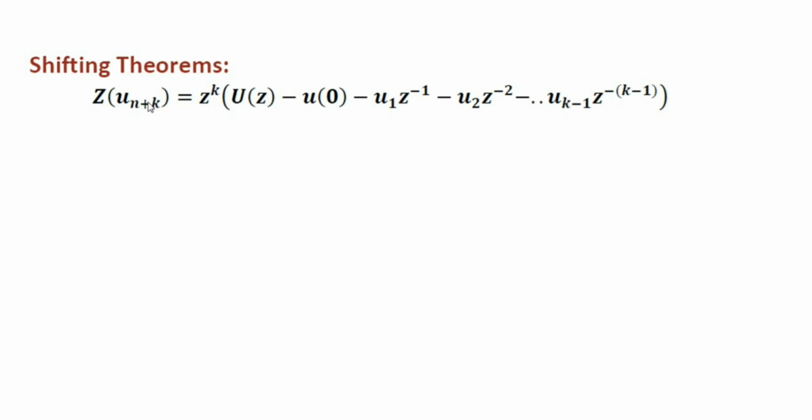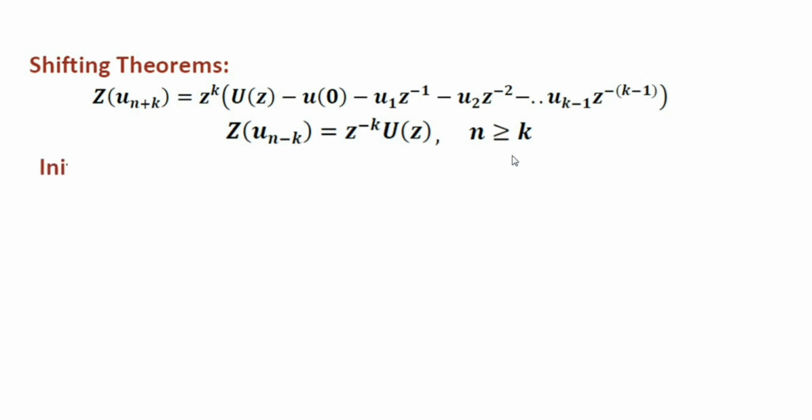It is called the left shifting theorem. Coming to the right shifting theorem, if Z{u_n} = U(z), then Z{u_(n-k)} = z^(-k) U(z), provided that n is more than k.